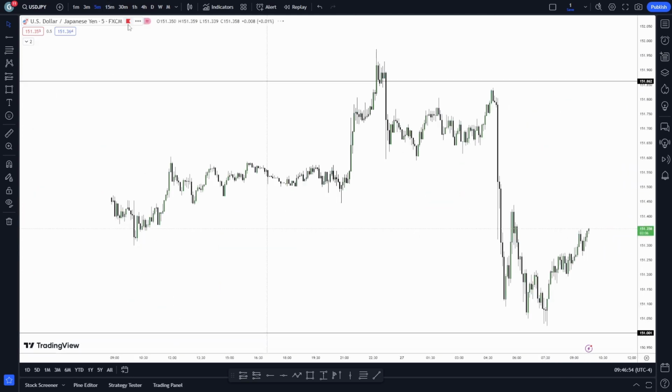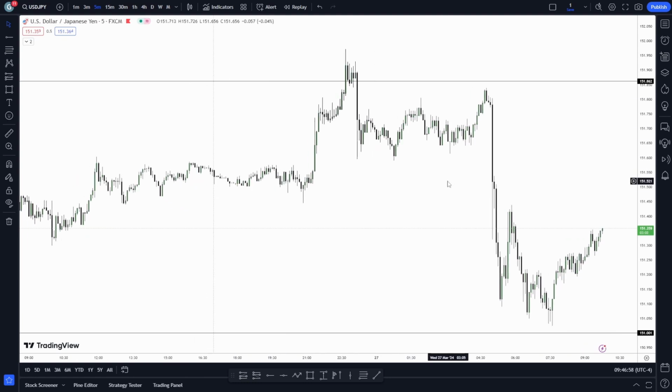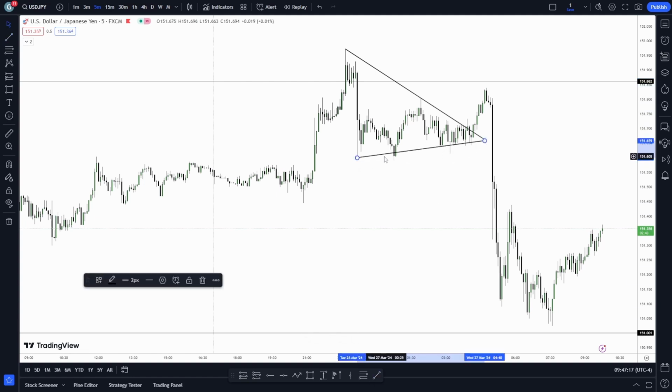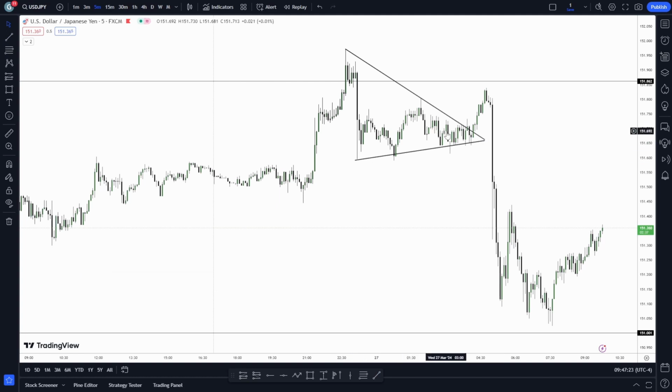But if you go on the 5-minute time frame right over here, you can see that price was creating some sort of bullish flag, and then it gave a trend line break.